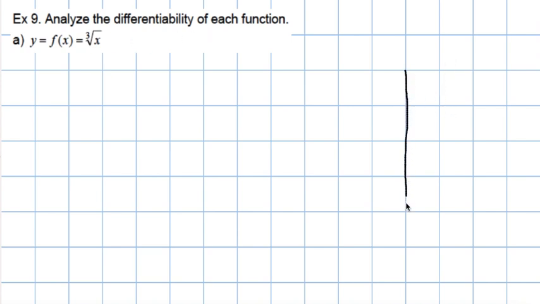I'm just going to go ahead and draw a diagram here. The cube root of x is going to have a point at (0, 0), and it's going to pass through (1, 1) and (-1, -1).